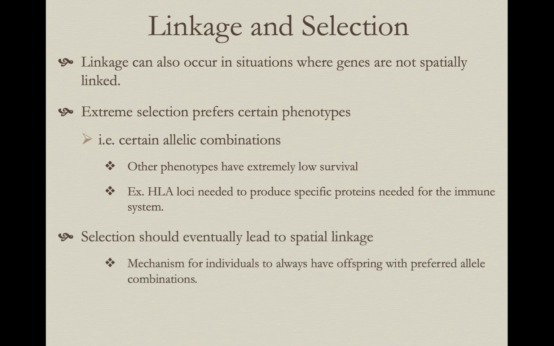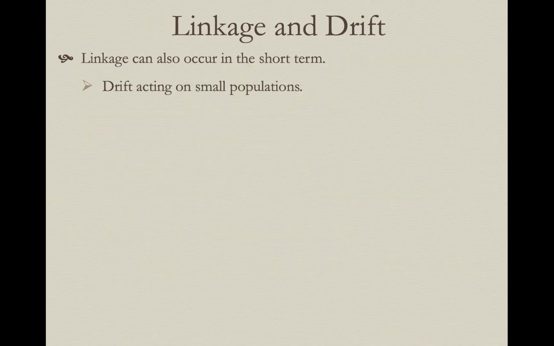And again, if an individual gets chromosomal rearrangement where these HLA loci become more closely spatially linked in the appropriate co-adapted gene complexes, then there's going to be selection to preserve those individuals that have this linkage disequilibrium that's due now to spatial linkage. Linkage in the short term can also occur due to drift acting on small populations.